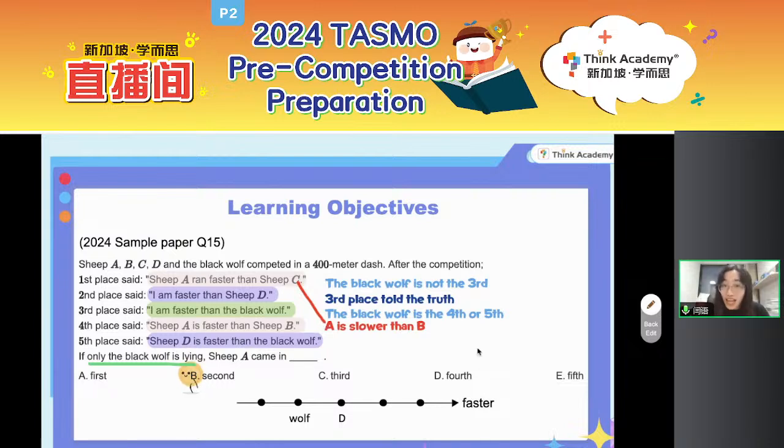Sheep A is faster than C, but sheep A is slower than B. Now, everyone, you see that we only have 1, 2, 3 positions. Now, can you confirm their rankings? Correct. So A should be in the middle, and then B is the fastest one, and then C is the slowest one. So back to the question, it is asking you where is the sheep A? Sheep A is the second one.